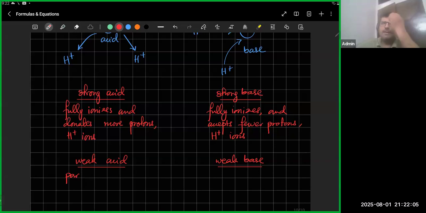Normally if you've been to the lab, those acids have a lot of water already added to them. So the acid that I'm talking about is the one in the purest form, which has no water added to it, and it's the most concentrated form of the acid.